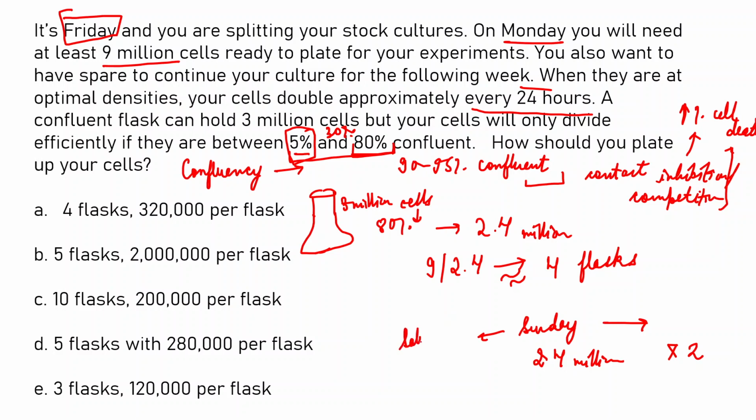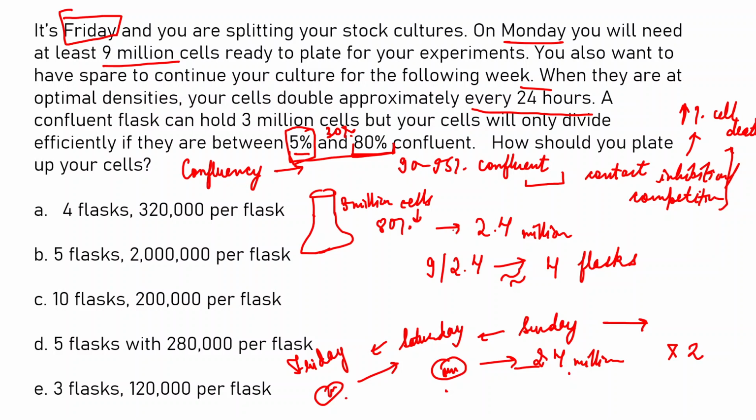Then you will have to calculate how much you need to plate on Saturday to reach this, and how much you need to plate on Friday, so that from here it will be this much on Saturday, from here this much on Sunday, and from here this much on Monday, such that you get your 9 million cells.